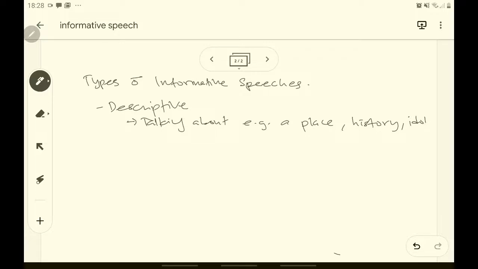And then the second type of informative speech is a demonstrative speech. So in a demonstrative speech you are giving instruction or explaining how something works. For example, you are watching a cooking show.